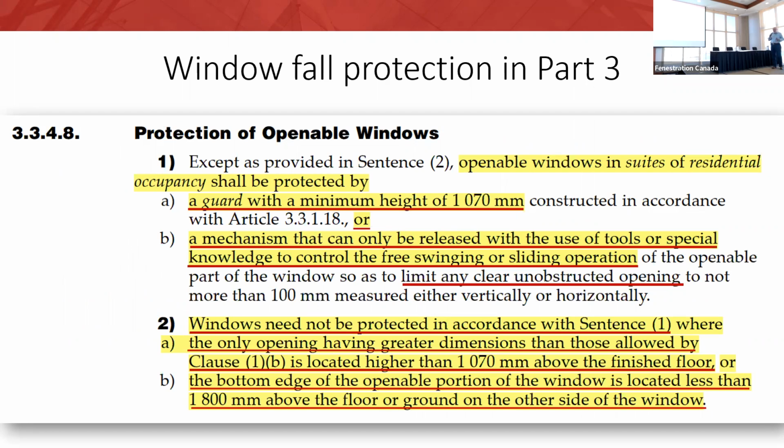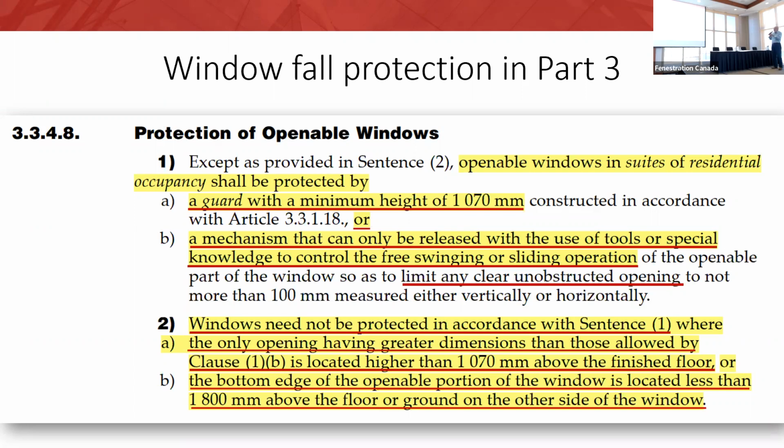And we discovered in an earlier session today that it sounds kind of like a window opening control device, but it actually is not. And I had actually misinterpreted the intent of the wording of the code language. So I was corrected in an earlier session, and I've updated this session accordingly.